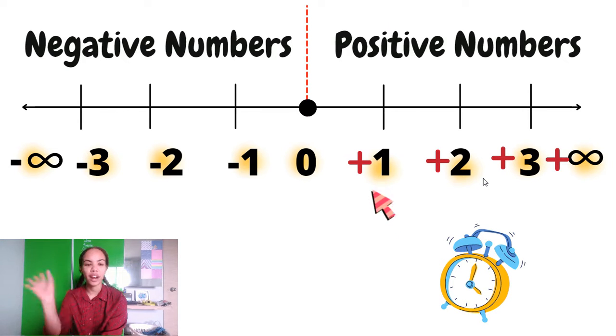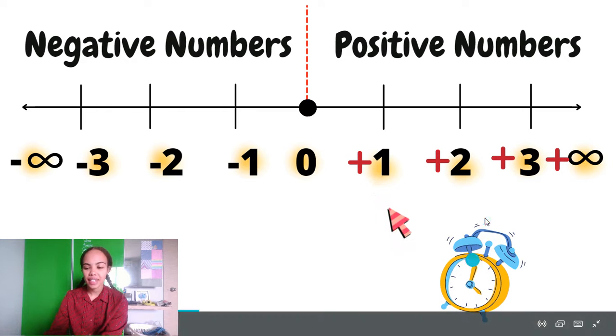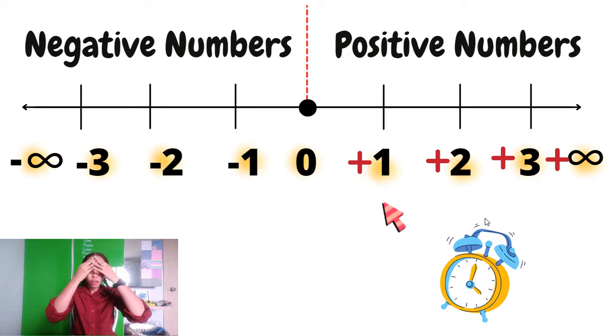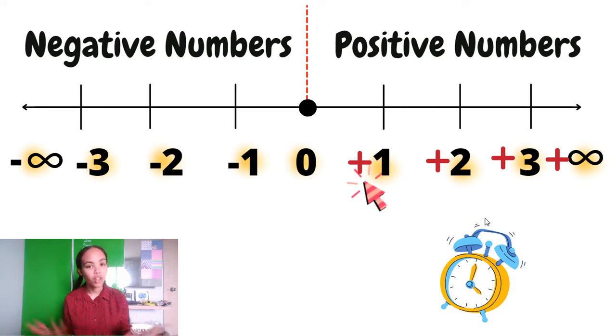All of that I can do. But just to save us some time, it's going to take forever if we have to do that. We know that if a number has no sign, that means positive. But when it does have a sign and it's negative, we know that's a negative number.